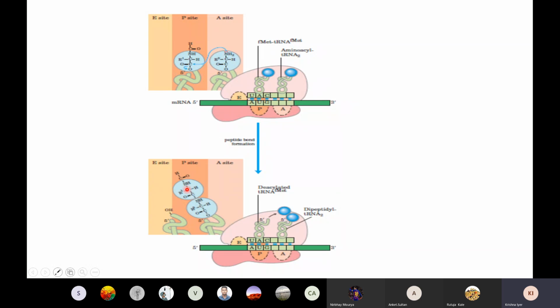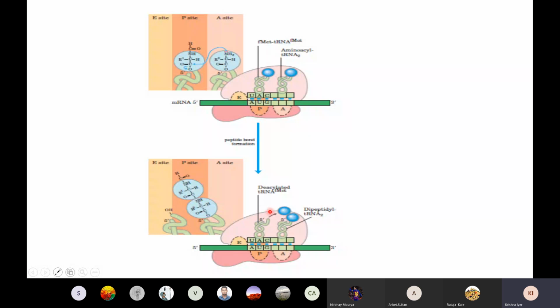In terms of how it looks structure-wise, this is OCO CH R2 of the second amino acid, then NHCO CH R1 of methionine, then NHCHO. So at this point, see what has happened.